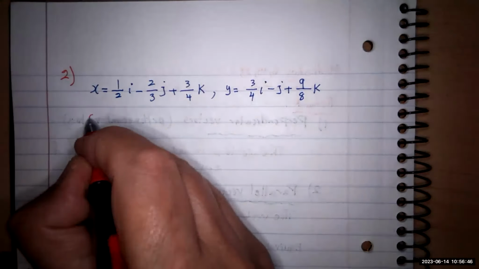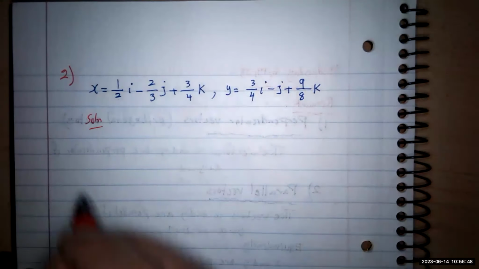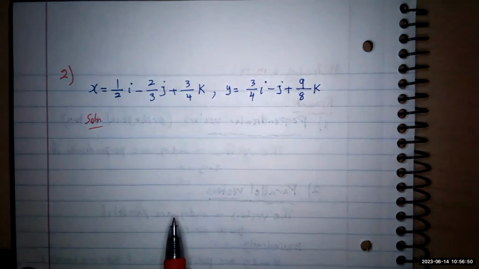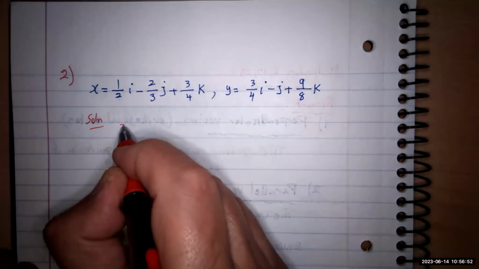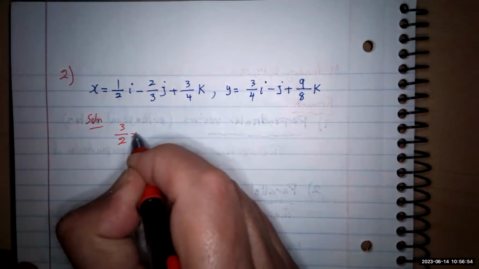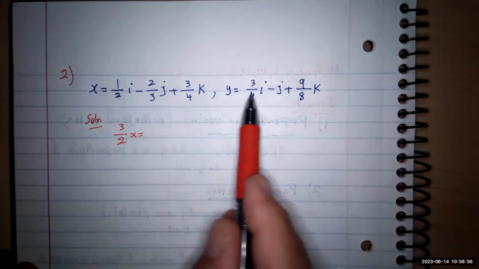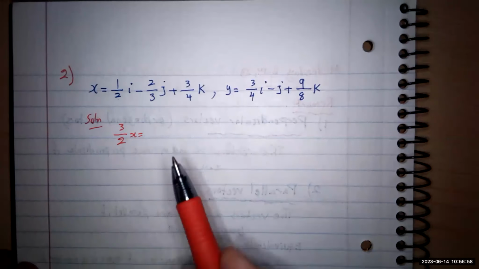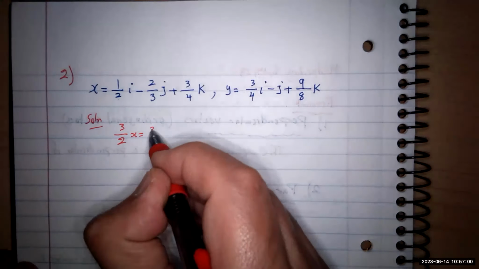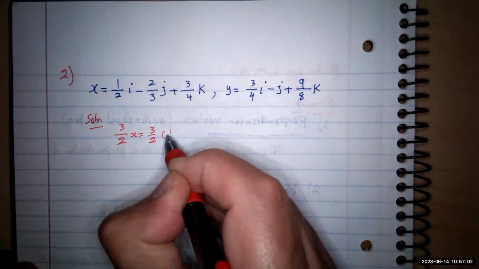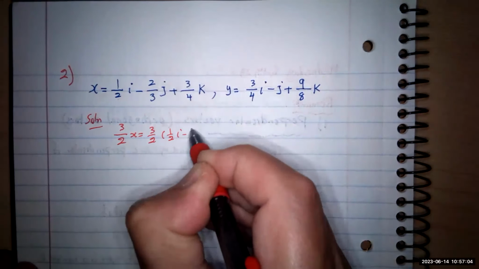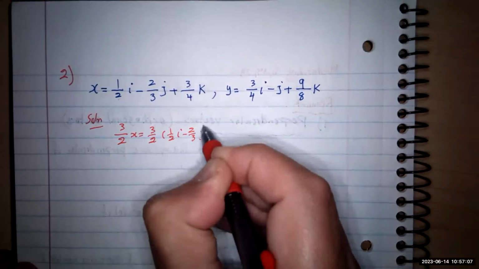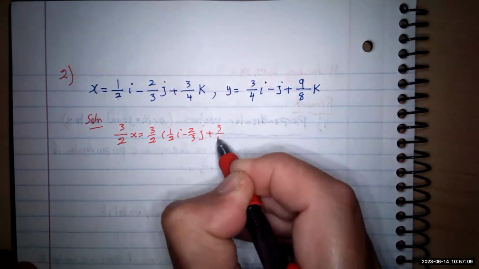So the solution is going to be, because this is 1/2, this is 3/4. So if you find the 3/2 of x, you say this 1/2 to make it 3/4, we have to multiply by 3/2. So we just confirm it. It's going to be 3/2 times 1/2 i minus 2/3 j plus 3/4 of the k.